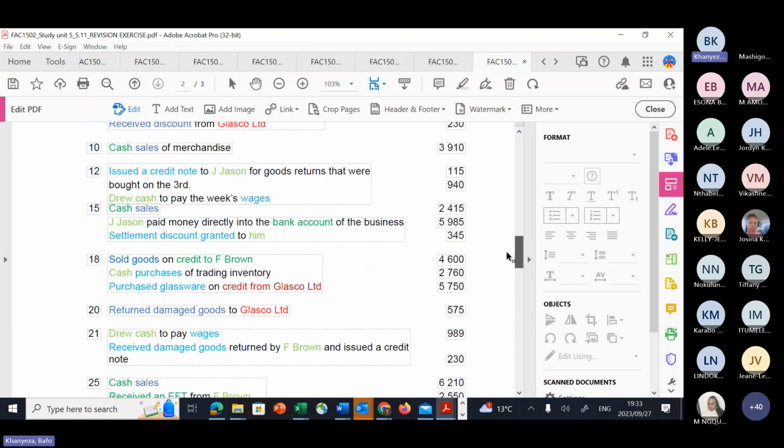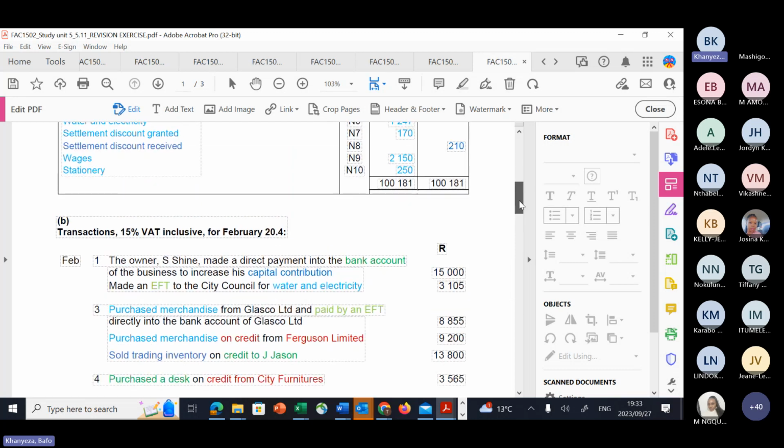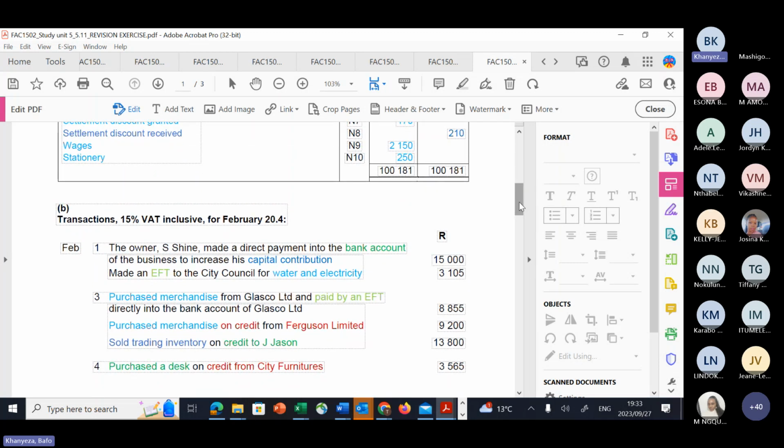Then we will read these transactions and analyze them properly. I believe this exercise we will do over two days so that you can understand it, because accounting works with basics. Everything builds on top of another. Right now, we are doing a cash payment journal and a cash receipts journal.